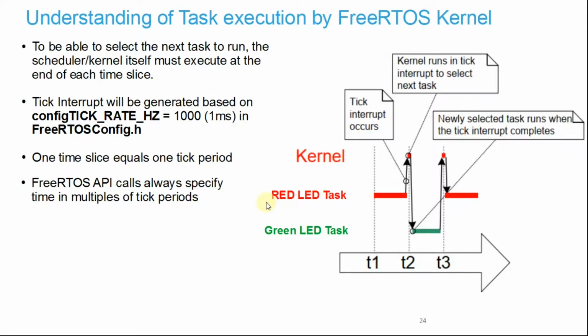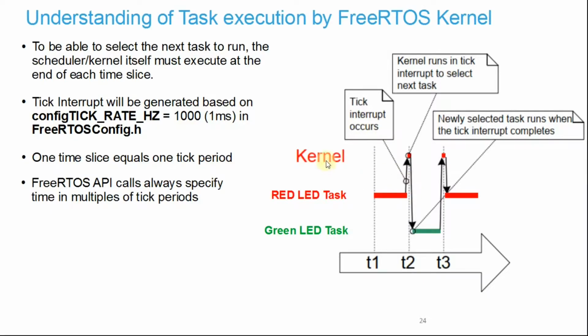Once the kernel has started, it will look for the tasks that are created, and also look for the priorities of the tasks. In our application we have configured equal priorities for both the red LED task and the green LED task. Now the kernel will take the red LED task first, and it will execute the red LED task for a time of 1 millisecond, and then immediately the kernel tick interrupt occurs.